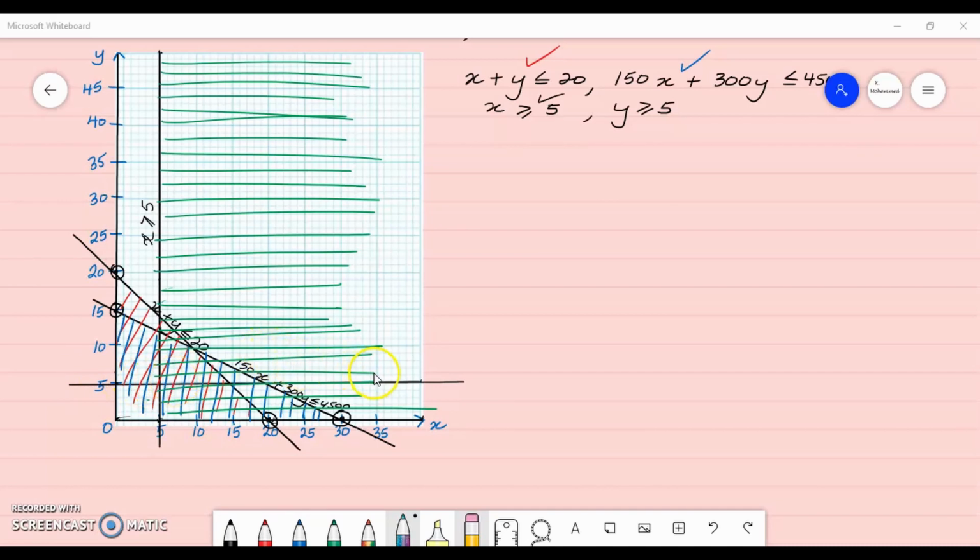And remember, it's a horizontal line because any point on that line, you are going to notice that the y value is going to correspond to 5, right? And we have our inequality being more than or equal to, so it's going to mean that I shade everything above that line, right?